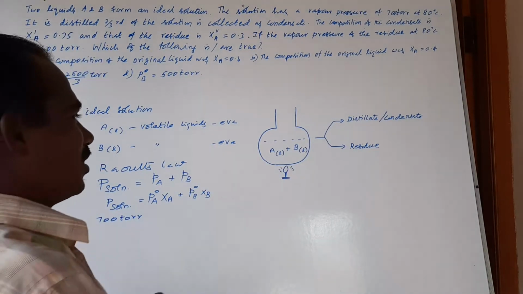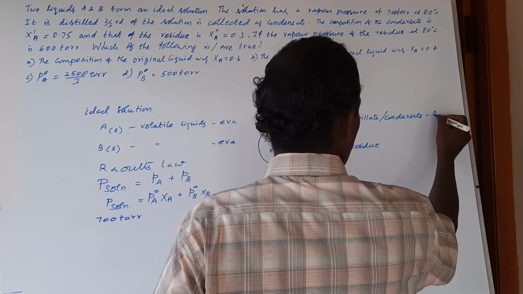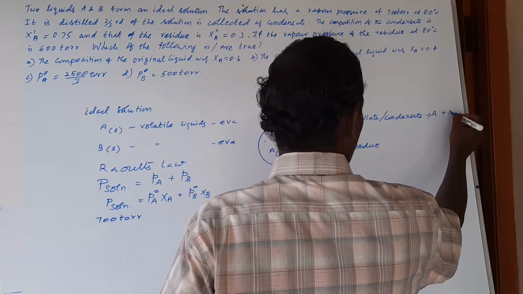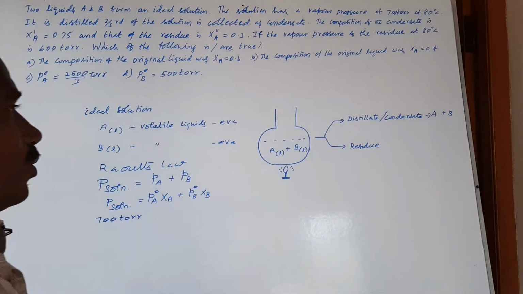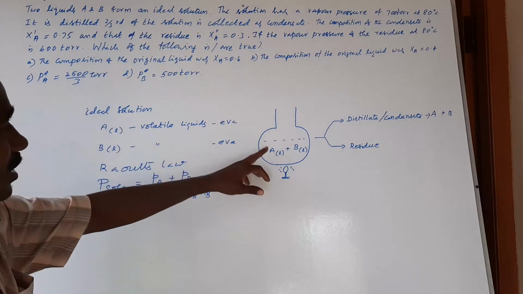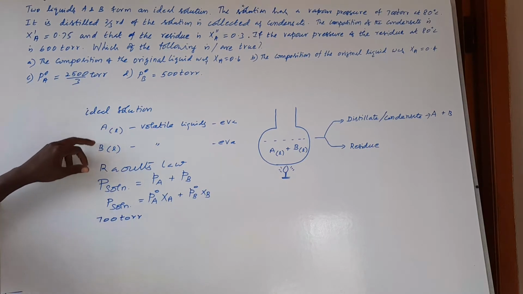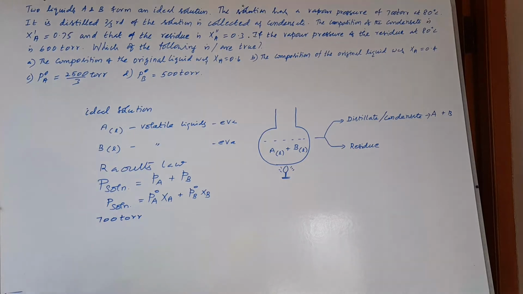Now, this distillate contains what? Liquid A will be there and B will be there. Why? Because this solution is ideal. In the ideal solution, all the components are volatile. Therefore, A evaporates as well as B evaporates.